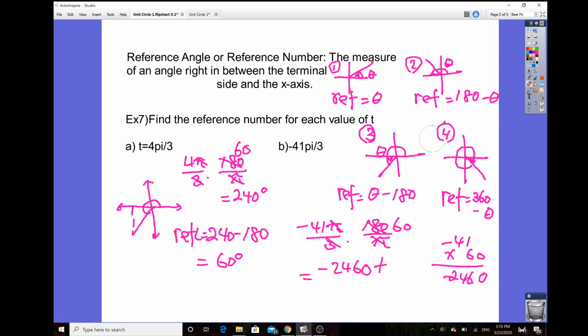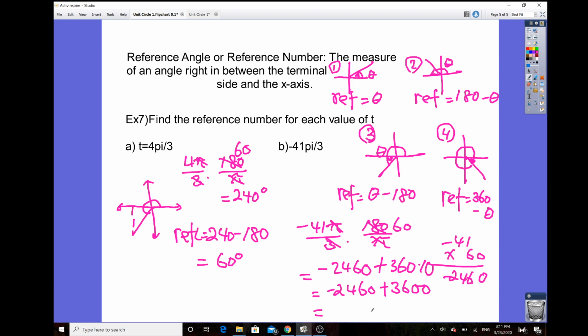So let's just add 360 multiple times, probably 10 times. So we got 3,600, right? It's easier to add it this way, so you end up with a positive angle.